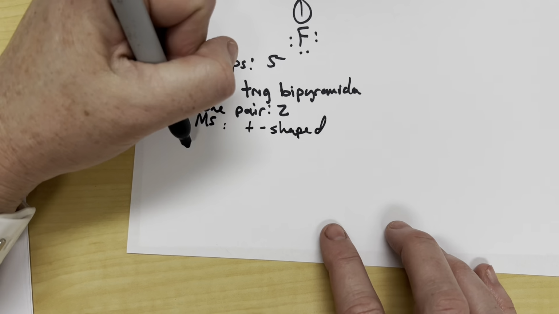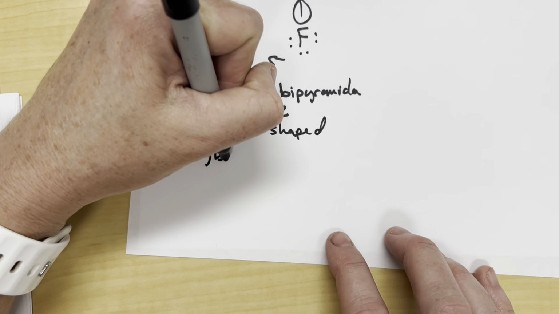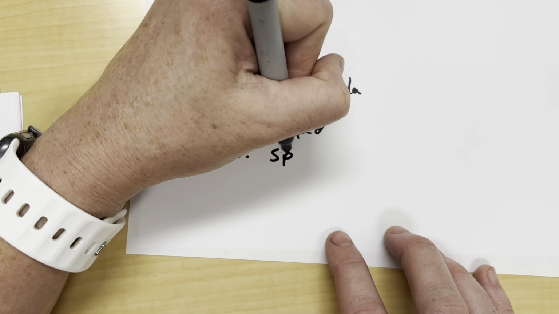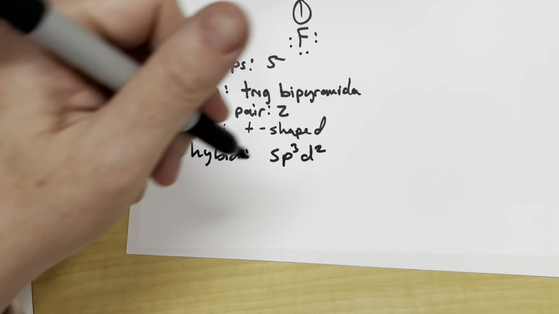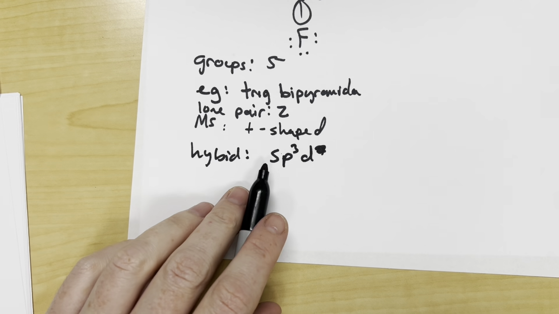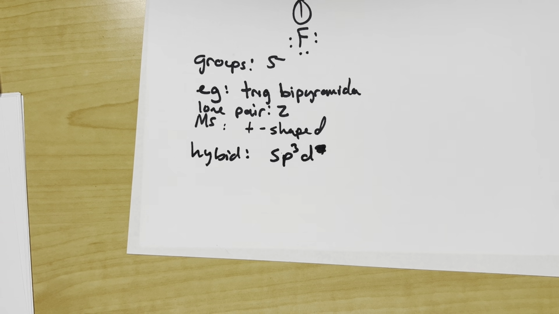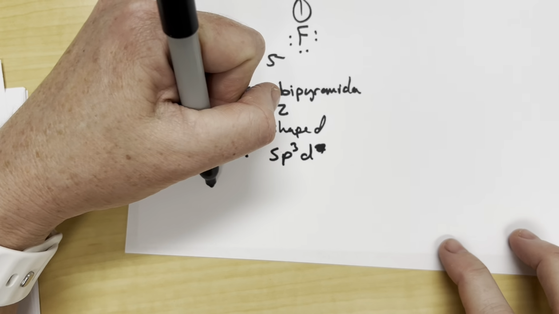All right, its hybridization still hasn't changed. sp3d2, or excuse me, sp3d, because there's 5 things. 1 s, 3 p's, and 1 d. And let's talk about its polarity.